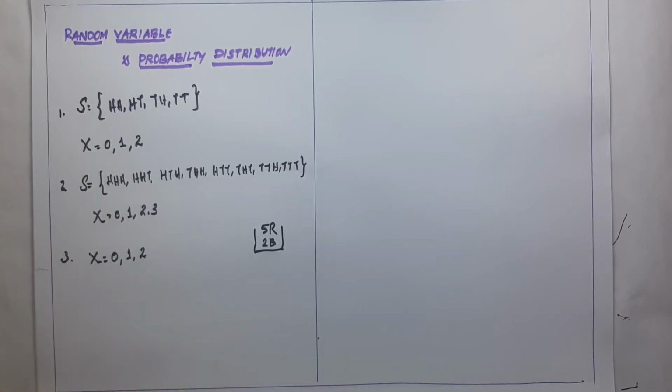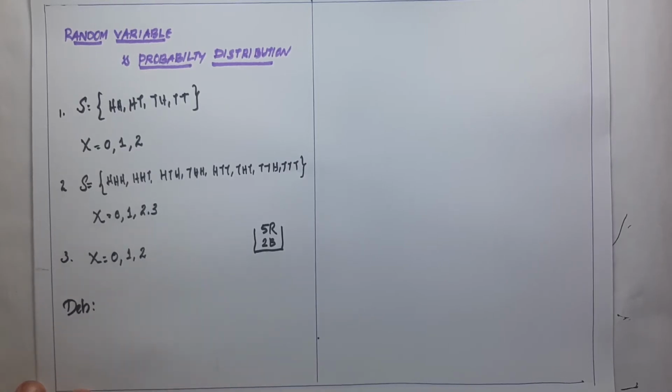Okay, then what is a random variable? Actually, a random variable means the number of values of a random experiment, that is, the number of outcomes of a random experiment. But you should write the textual definition.